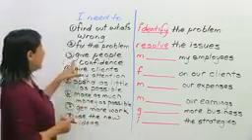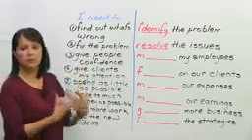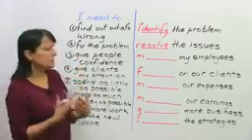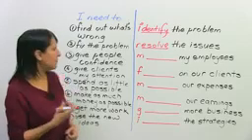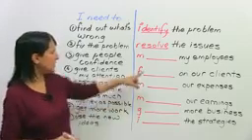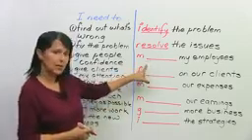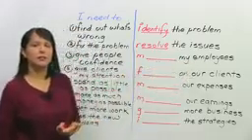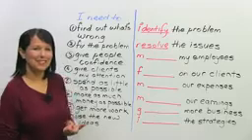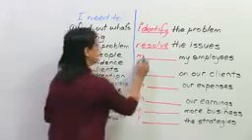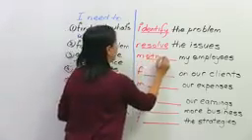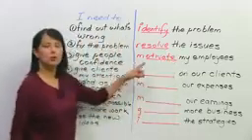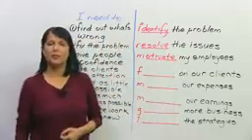Okay, next. I need to give people confidence. So what's a good word or verb for that? To give somebody confidence is to, something that starts with M. I need to blank my employees. I need to, do you know this word? I'm sure you've heard it. Motivate, okay? Say it after me.